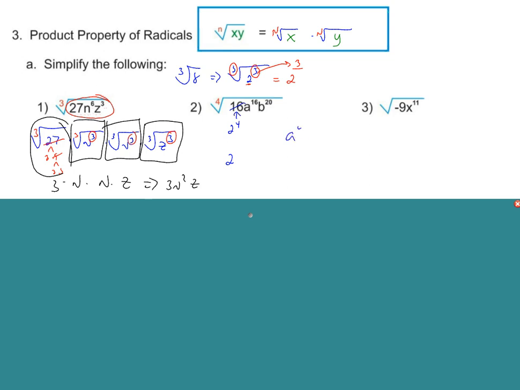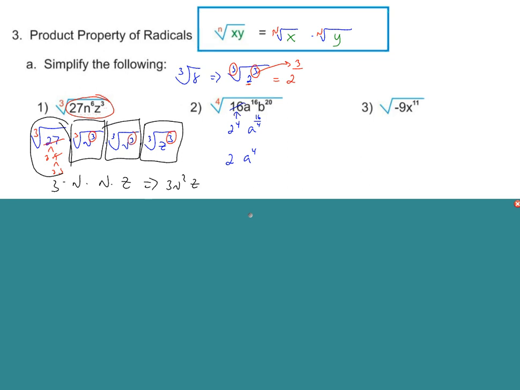Remember the rule x to the a times x to the b equals x to the a plus b: 4, 8, 12, 16. But I don't need to do that. I could simply take the exponent, a to the 16th, and divide it by the index 4. 16 divided by 4 is 4, and the fourth root of a to the 16th is a to the 4th.